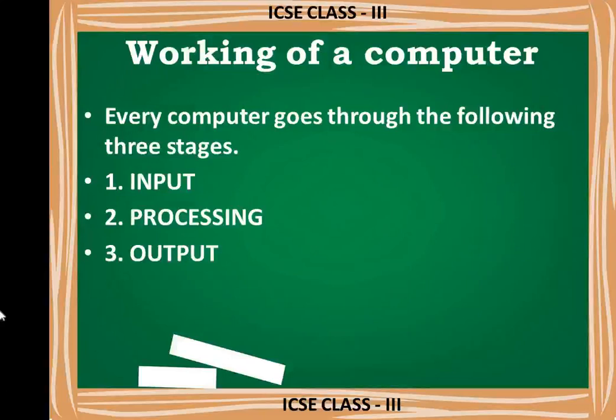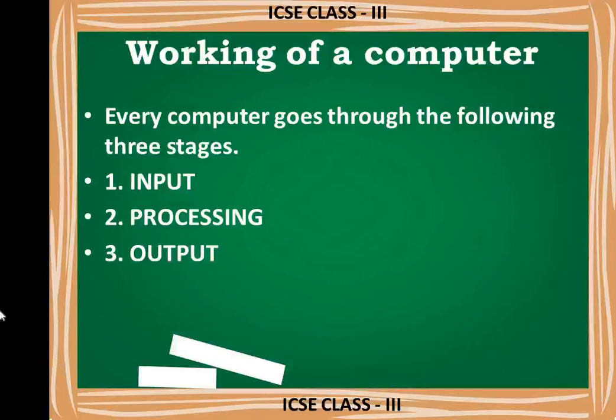After entering the marks, he presses the plus sign because he is going to make an addition. Then it processes, working on the data on the basis of the given instruction. Based on the input data, the data is processed in the CPU. At last, the output: the total of all the subjects is the output, and it is displayed on the screen. After processing we get the total of the input values.